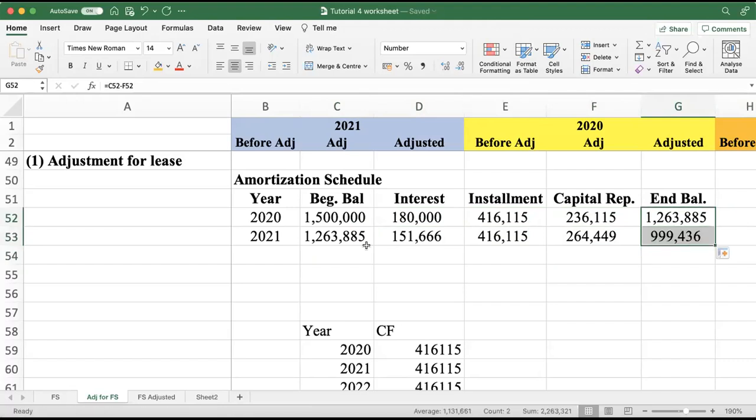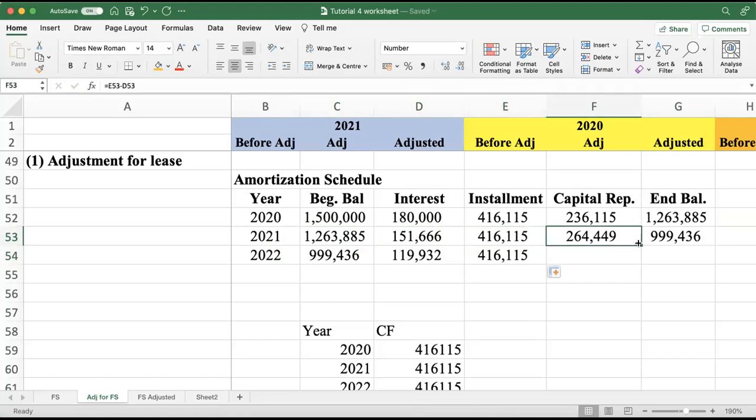Similarly for 2022, beginning balance is 999,436. Interest, installment same, then capital repayment 296,183. Right. So we need this amortization schedule to do the adjustments.